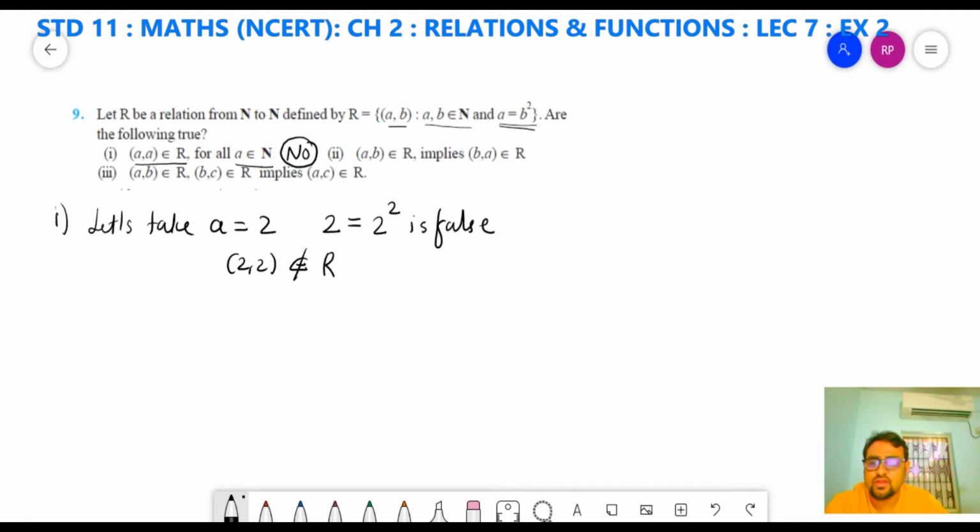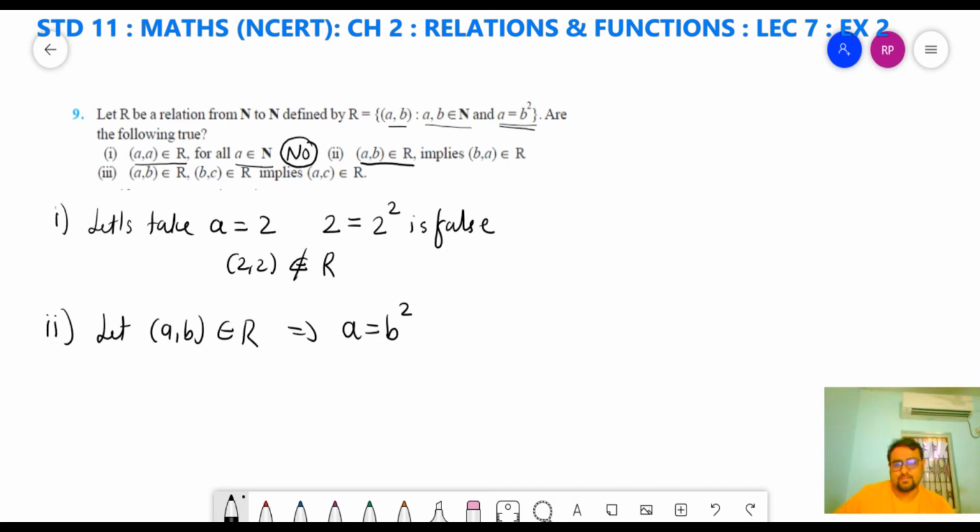Now let's take the second one. (a, b) belongs to R implies (b, a) belongs to R. You have to take such an example which belongs to R. Let us take (a, b) belongs to R. So what does this mean? a is equal to b square.